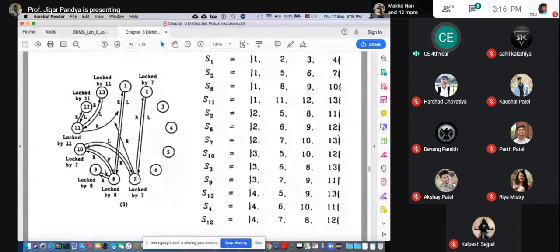I got it. Now, can someone tell me where is deadlock? What is this F? So we know site 11 is waiting because the acknowledgement is given to 8.